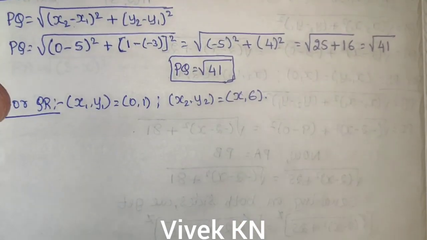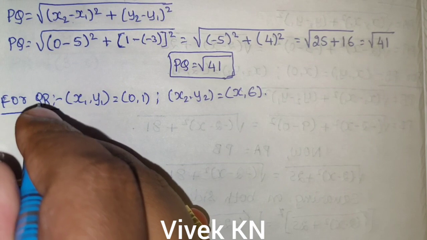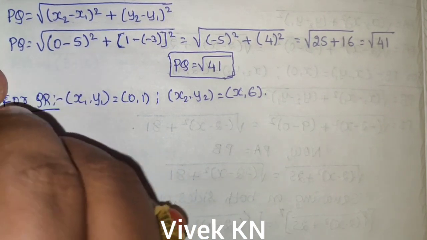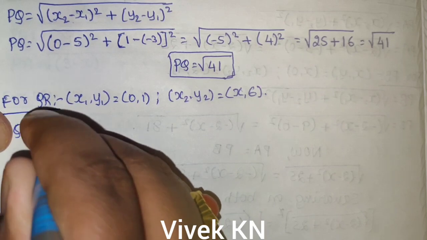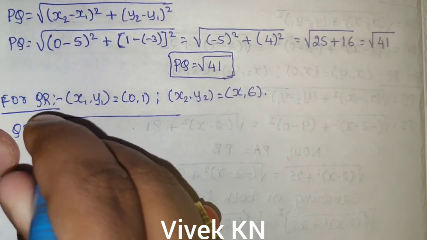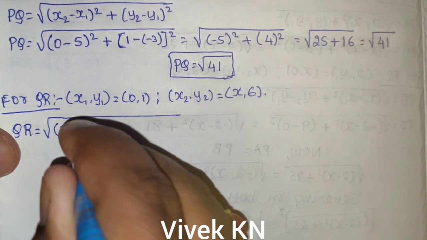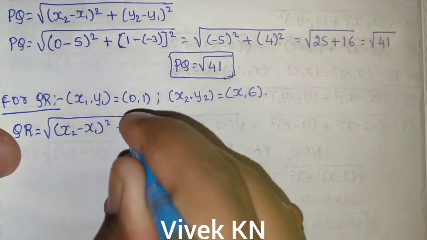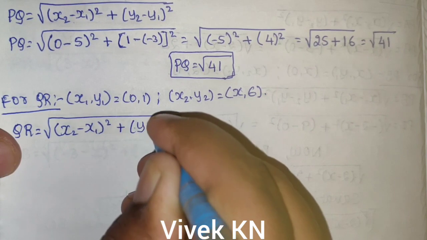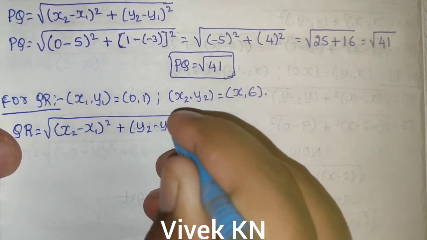Now let us calculate the distance between the points QR by using distance formula, which is given by under root of x2 minus x1 whole square plus y2 minus y1 whole square.